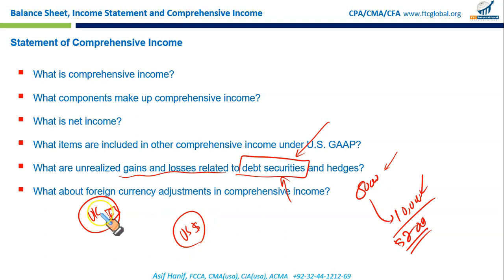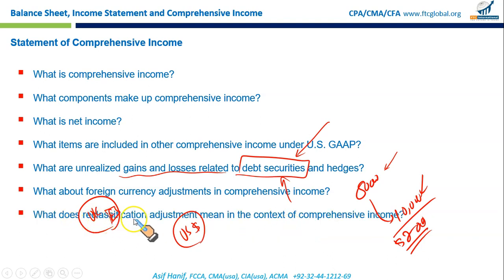So when these foreign subsidiary financial statements are translated, any gain and loss resulting from this translation into the parent's financial statements is reported as a part of other comprehensive income, right? So these gains and losses remain in the other comprehensive income until the foreign operation is sold or otherwise disposed of.